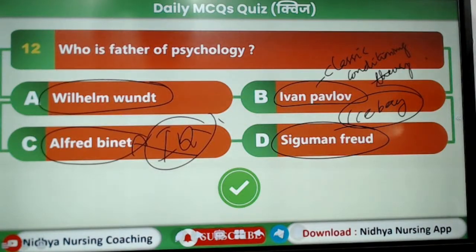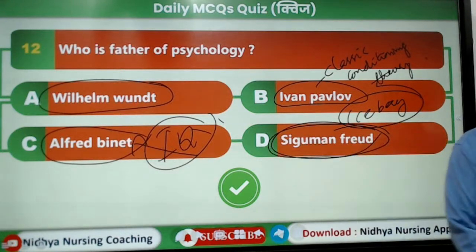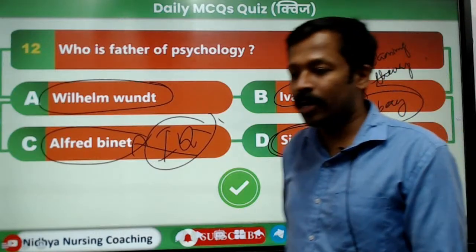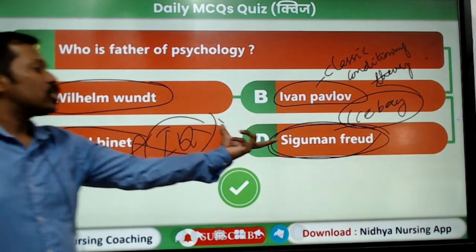Id, ego, superego. Same, Sigmund Freud. Everything is by Sigmund Freud: the iceberg concept and id, ego, superego.